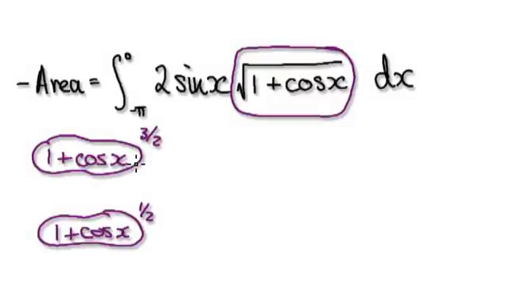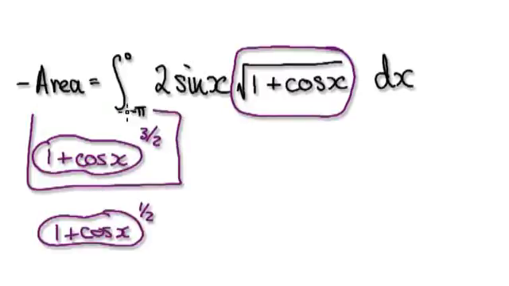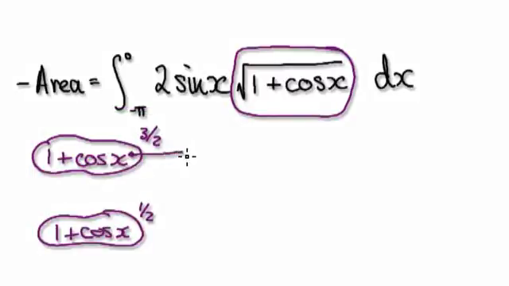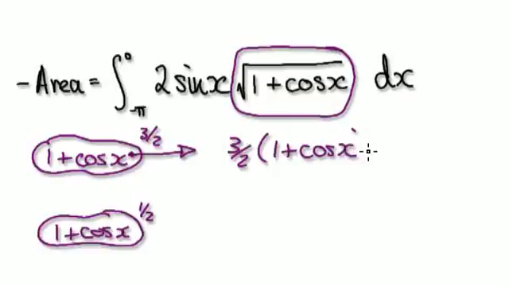If you don't understand this, then track back to one of the early videos. So this is going to be our initial guess. Differentiate it, and it will give us this 3 over 2, the bubble itself, 1 plus cos of x, and then we've got to times it with the derivative of the bubble itself, which will be minus sine of x.